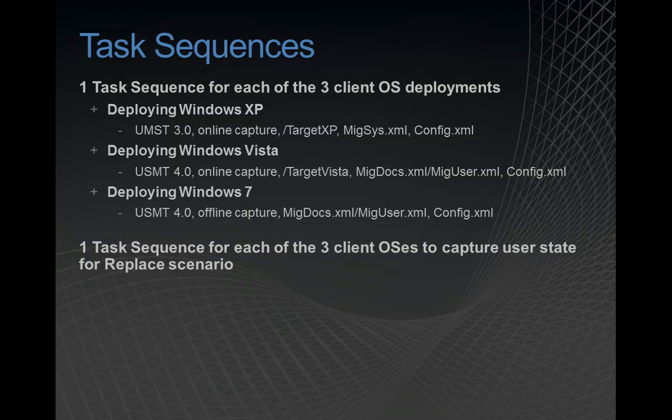For Windows Vista, although we can use USMT version 4 and its ability to capture the user state offline, because again, ideally we don't want scan state to overlook Vista-specific system settings during its capture, we are going to want to specify the target Vista switch. The target Vista switch can only be used if scanstate.exe determines that it is running on a Windows Vista system.